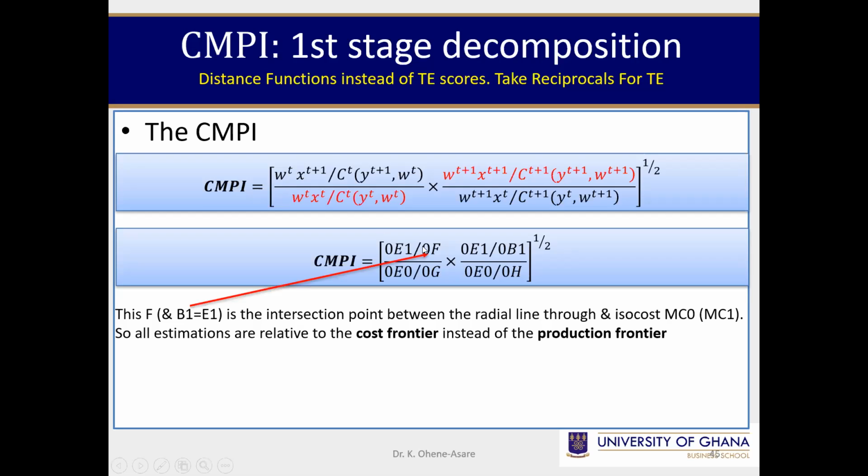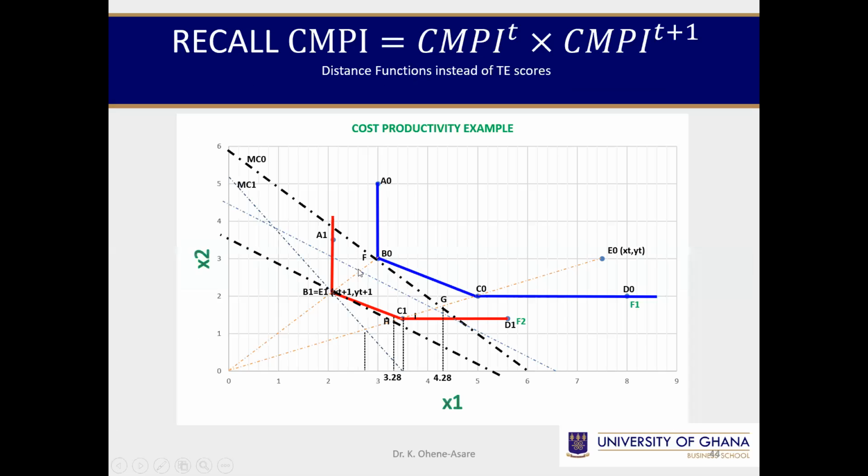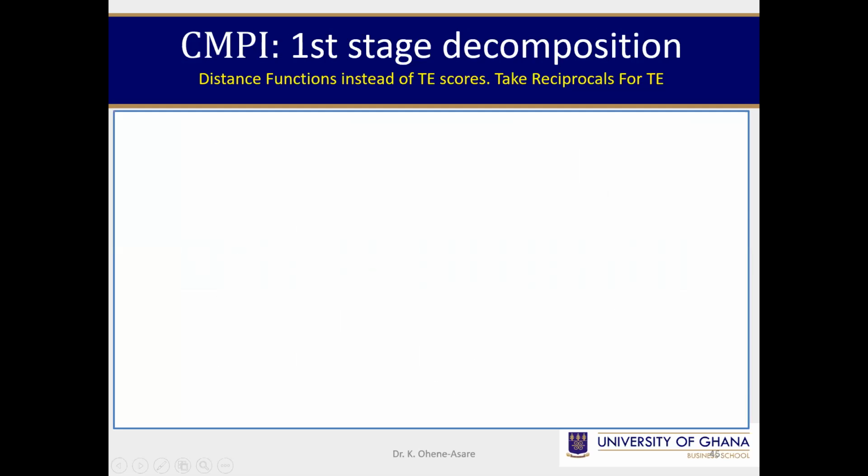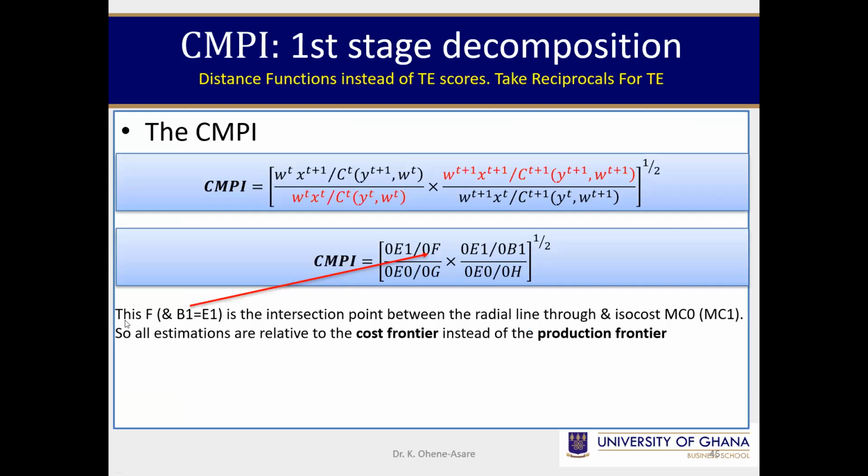I want to just pinpoint something about this OF because that one was a little bit confusing. If you can remember this OF here, I decided to explain it. Now this OF, which also happens to be B1, this F and the B and the E1, they are usually on the intersection point between the radial line and the isocost, both isocost 1 and isocost 2.